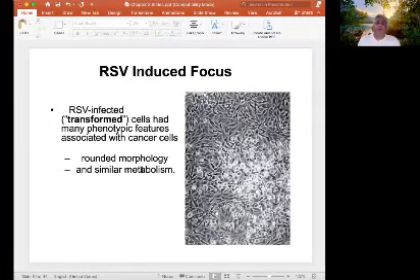And they have a few more characteristic changes that we'll look at on the next few slides. Regardless, the normal cells that are not yet infected by the virus and transformed, they grow in a typical phenotypic fashion that's characteristic of non-transformed cells. So these cells are transformed and these ones are not.